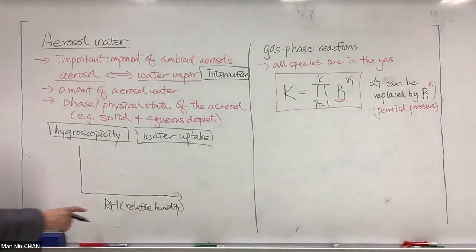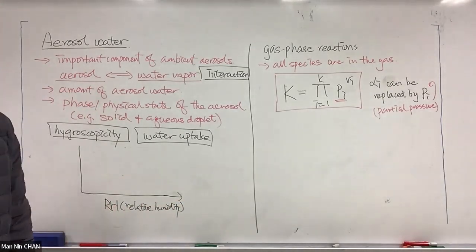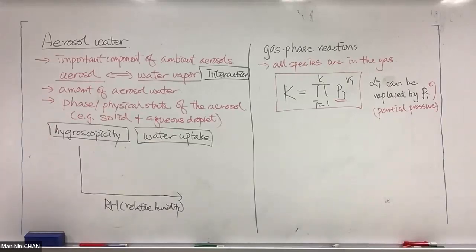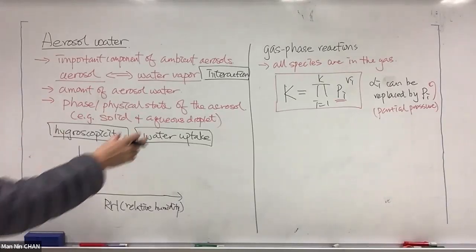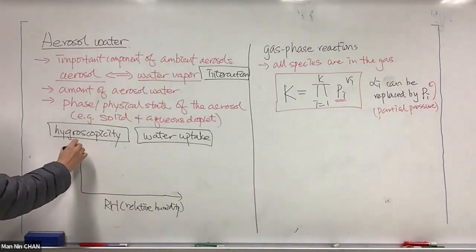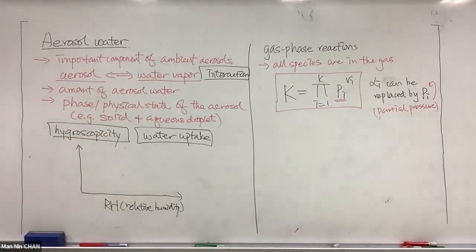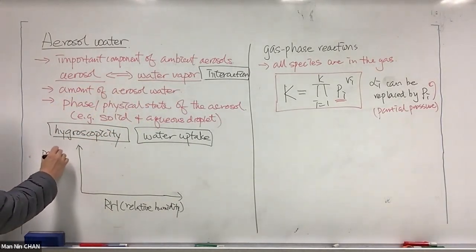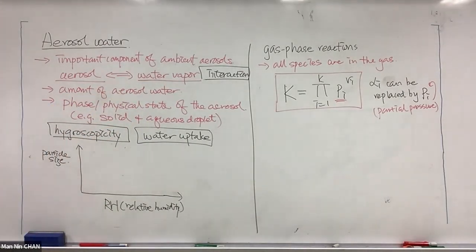So we use the term RH. This relative humidity gives you some idea about the amount of water vapor in the gas phase. And then the y-axis here is usually the particle size. So we look at how the particle size changes with the relative humidity.